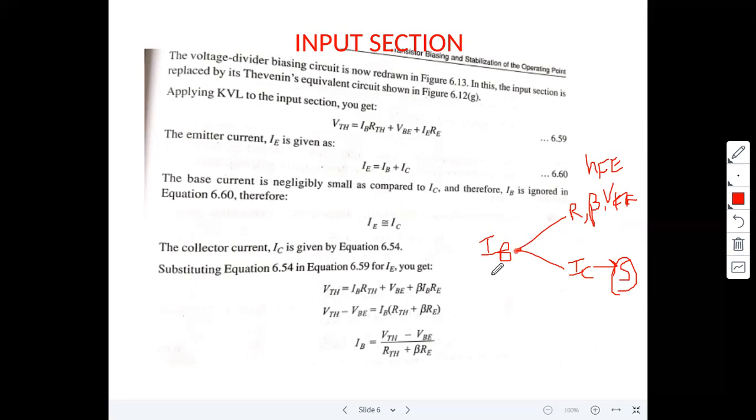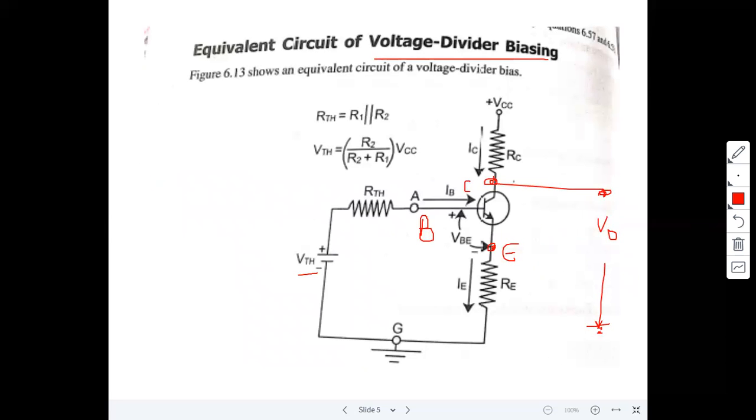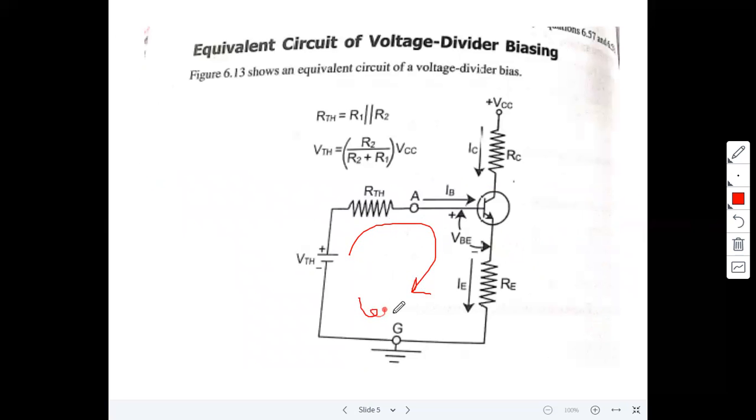We have considered the input section. What does the input section consist of? This is the input section here. Now we have to apply KVL to this loop, right? What does it consist of?